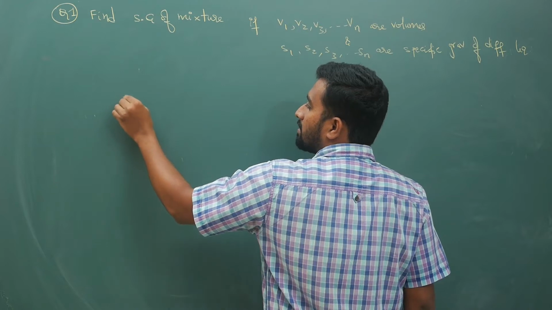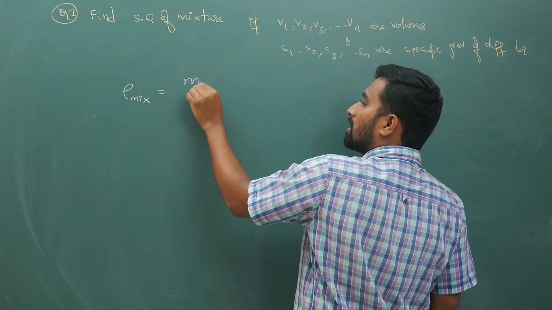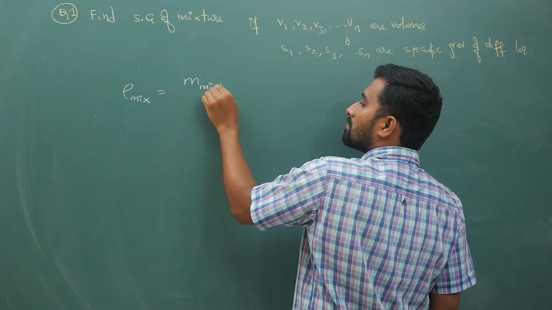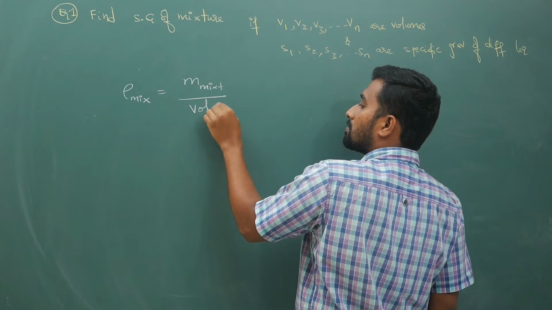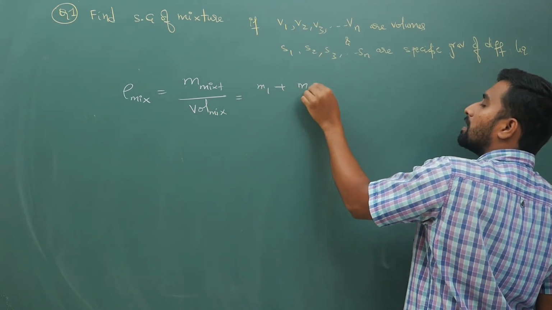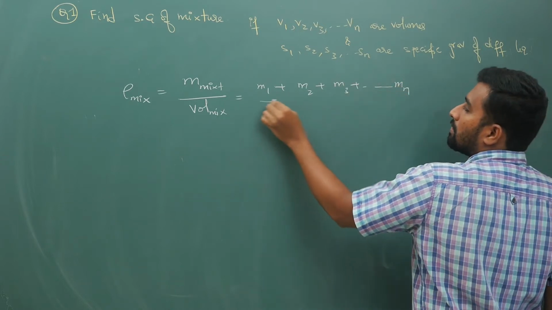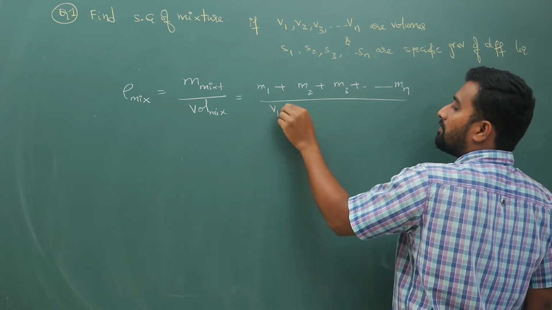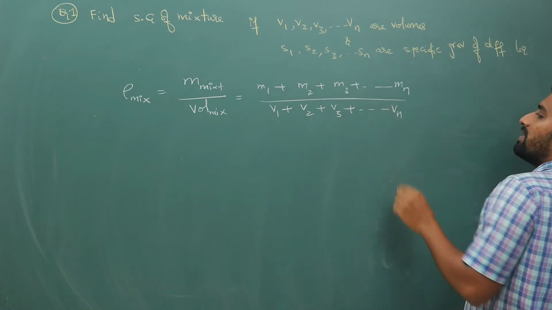First calculate density of mixture, that is total mass of mixture by total volume of mixture. So that is m1 plus m2 plus m3 and so on up to mn, by total volume, v1 plus v2 plus v3 and so on up to vn.